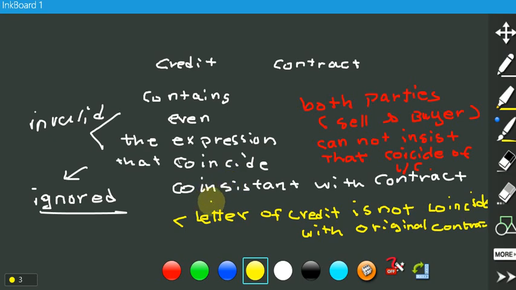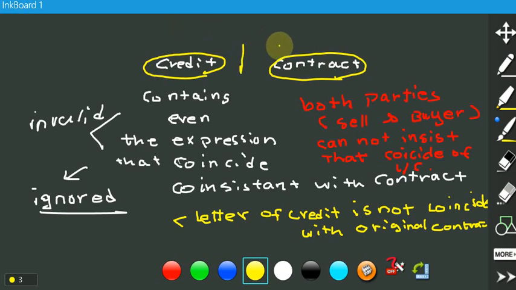So the first thing we have to remember is that the letter of credit is separate from the contract. This one and this one are different. Even if the letter of credit content is different from the original contract content, that does not have any influence on the effectiveness of the letter of credit.